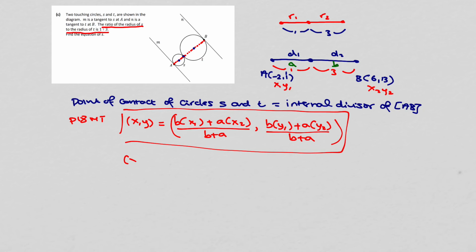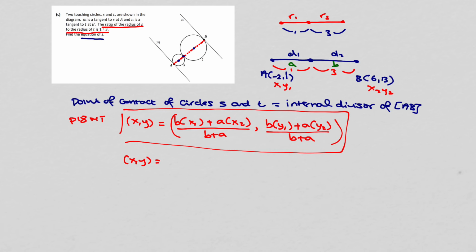So subbing in, this will allow me to find that point of contact on S. And if I know the point of contact on S, then I will be able to work out what the centre of the circle S is and also the radius. And then I'll be able to find the equation of S, which is what we're looking for in this question.